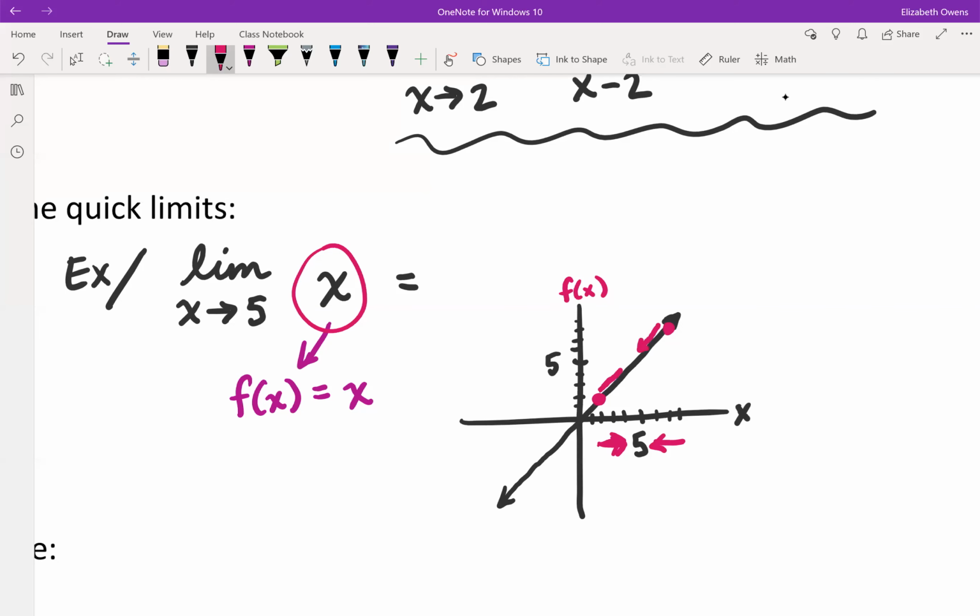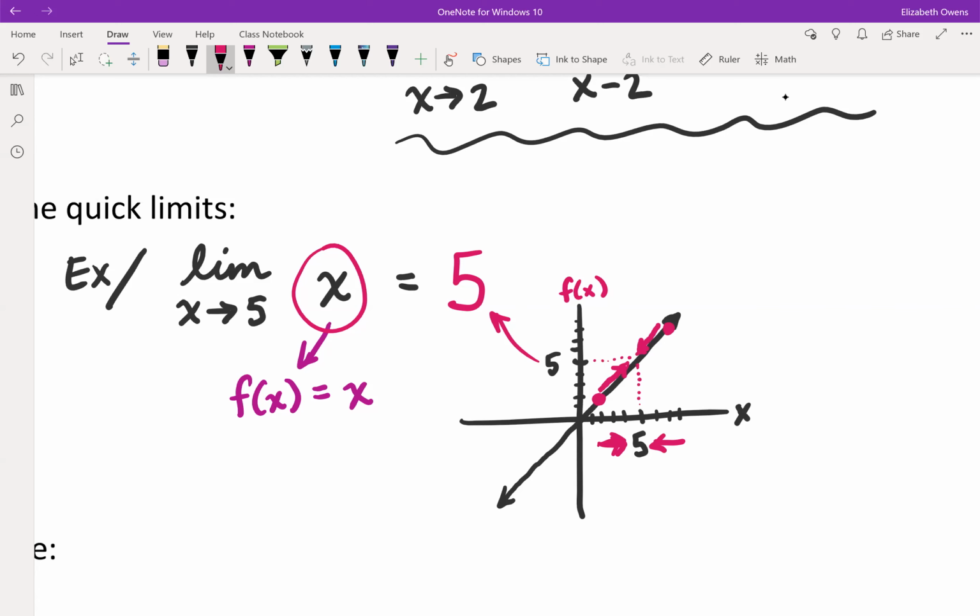As we get closer and closer to x equals 5, the y values are also getting closer and closer to 5. So the limit as x approaches 5 of the function x actually just equals 5, because that's the y value that we were getting close to.